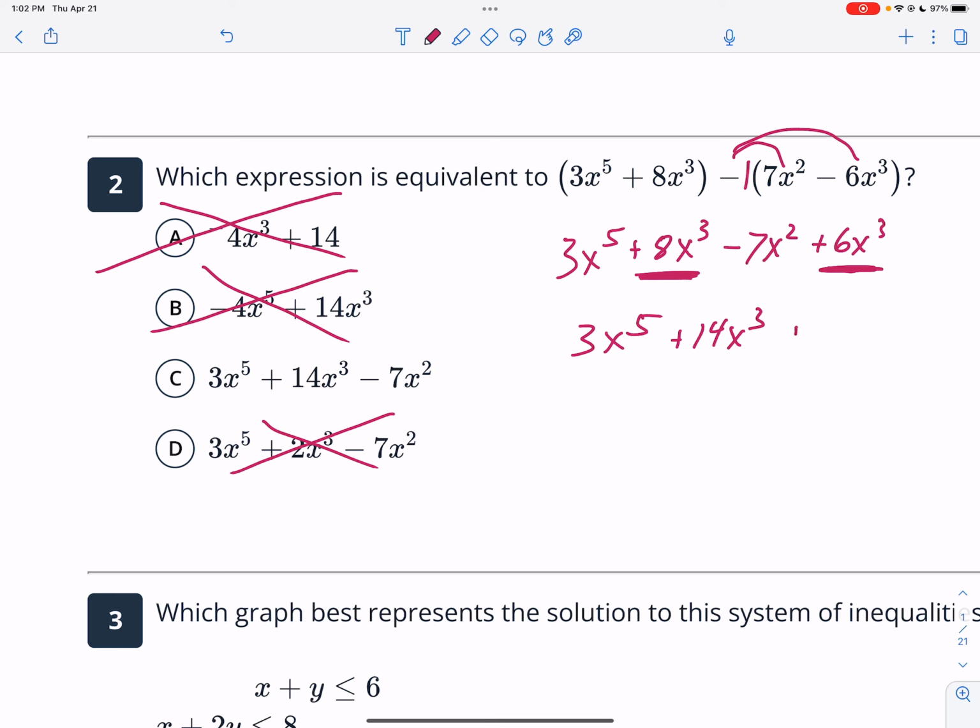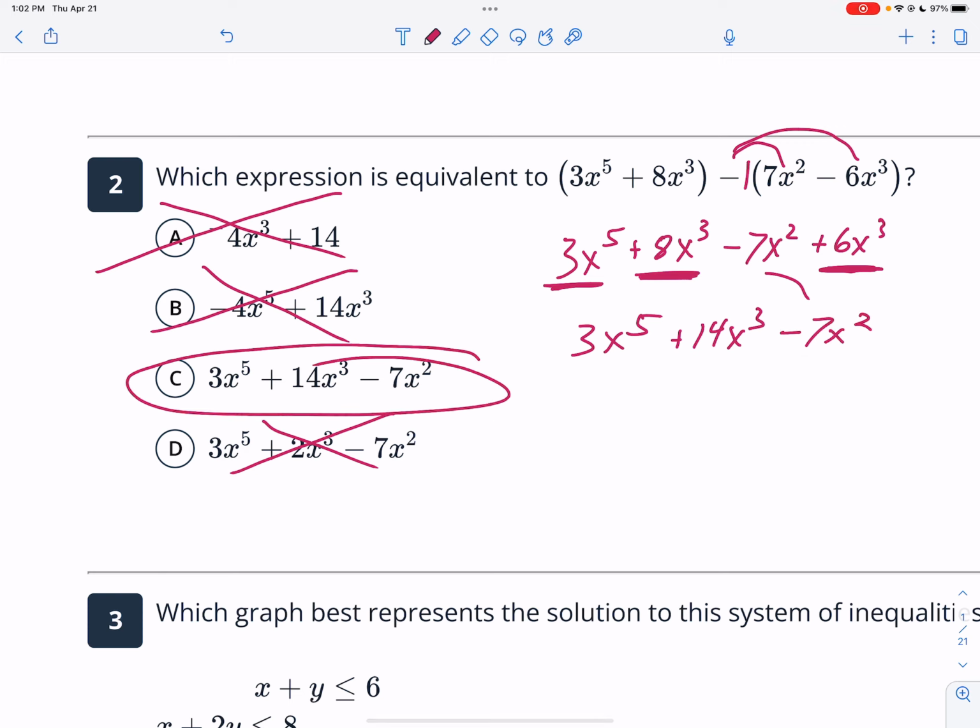But if we finish it, it's got to be like this because this is an x. Oh, wait, did I write my stuff wrong? No, I didn't. I've already combined this. My bad. So we've done this part, we've done those parts, and now I just bring this down because it also doesn't have anything else to combine with. So it must be this.